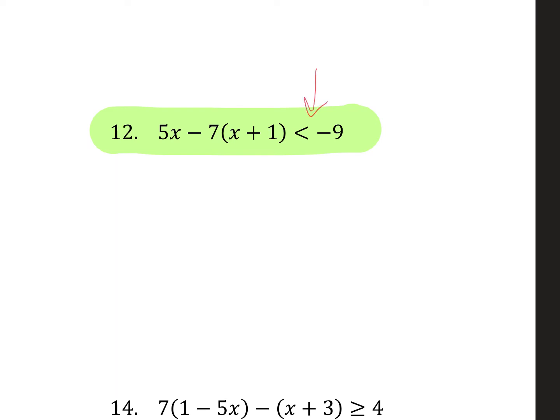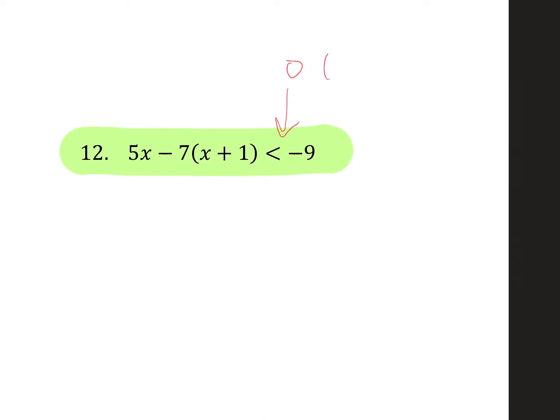What kind of a dot am I going to have on my number line? Why is it open? Because there's no line underneath. It's not or equal to. So on my number that I find, what is the notation going to be, a parenthesis or a bracket? It's going to be parenthesis. The reason it's a parenthesis is because it's not included.